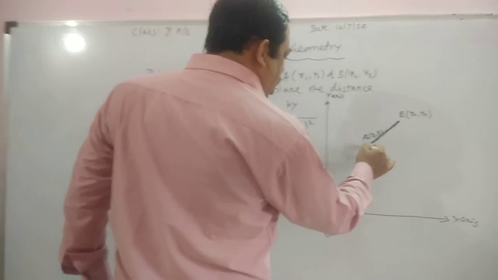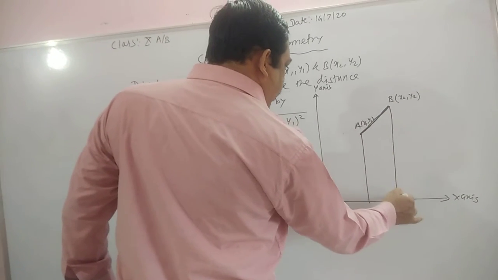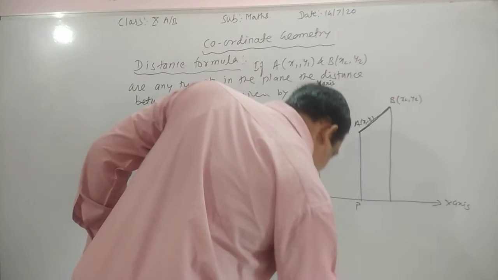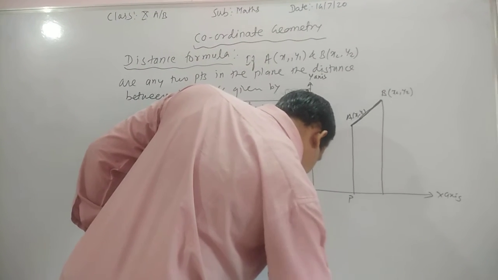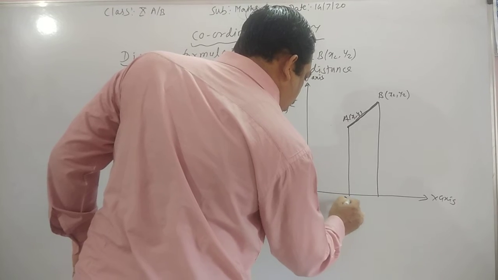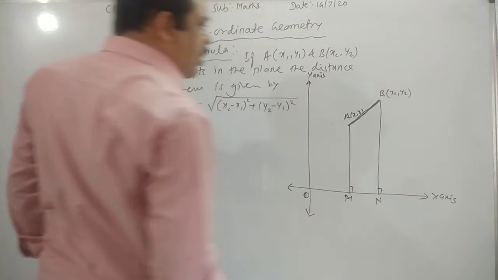From point A I draw one perpendicular, and from point B also I draw one perpendicular: AM perpendicular and BN perpendicular on x-axis.